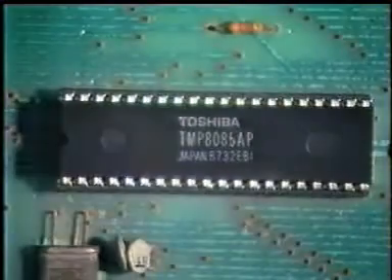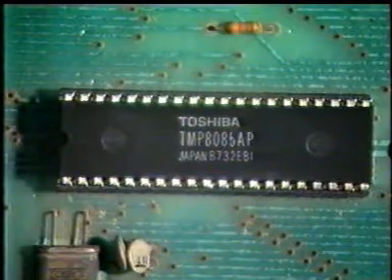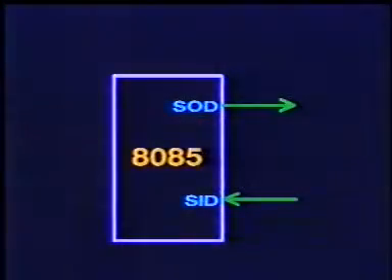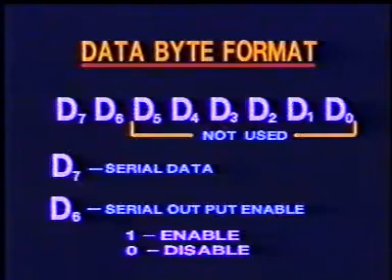The 8085 has a serial output data pin SOD and a serial input data pin SID. They can be used for software-controlled serial data transfer. The SIM and RIM instructions are used for this purpose. A 0 or 1 can be transferred out through SOD pin by executing the SIM instruction.